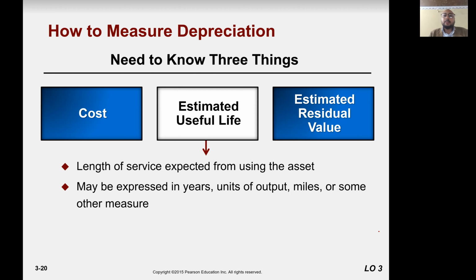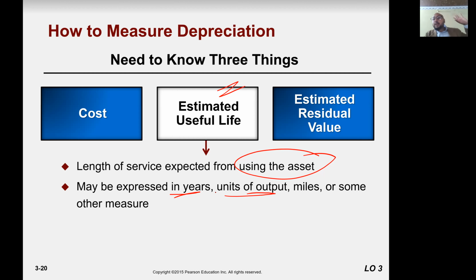All right. So let's just learn that. What is the cost? We talked about that. The estimated life is the length of service expected from using the asset. Estimated life can be measured in years, and can be measured in units as well. For example, how many miles it will fly. How many units this machine will produce, how many copies this Xerox machine is going to produce.